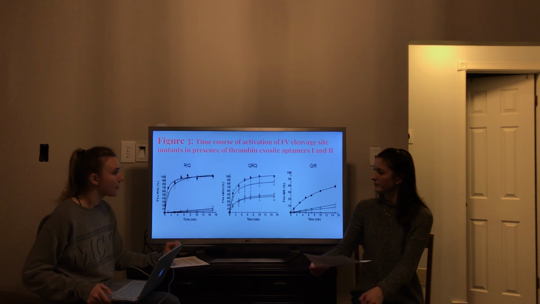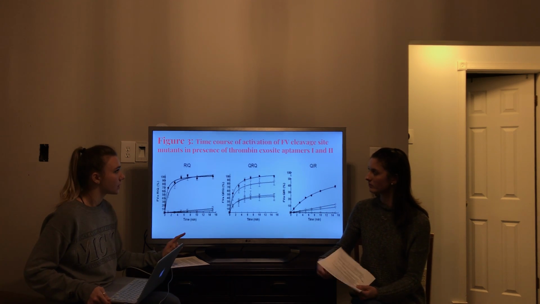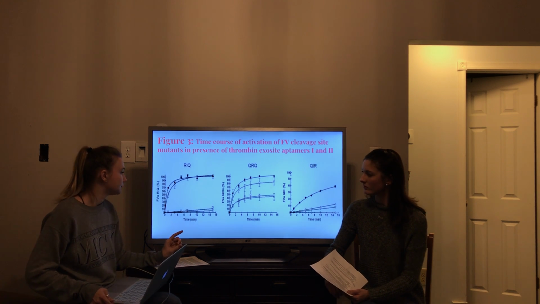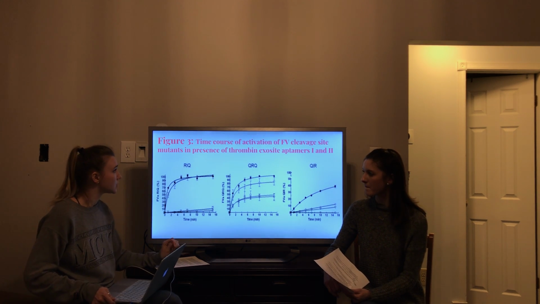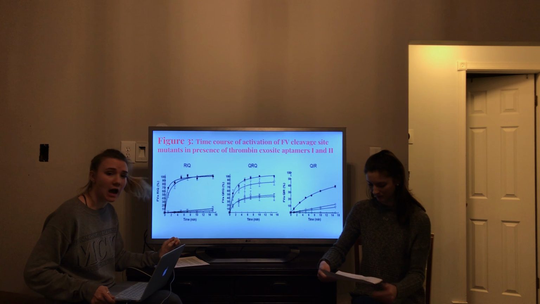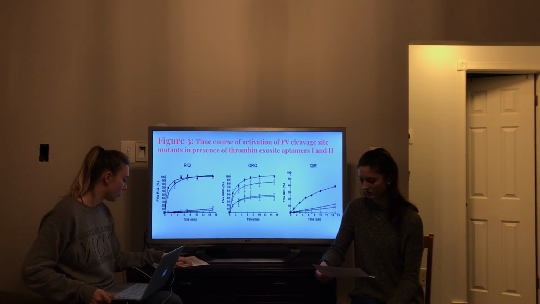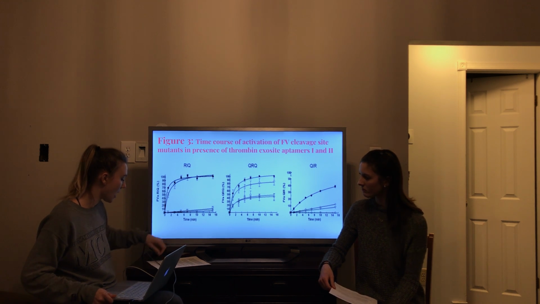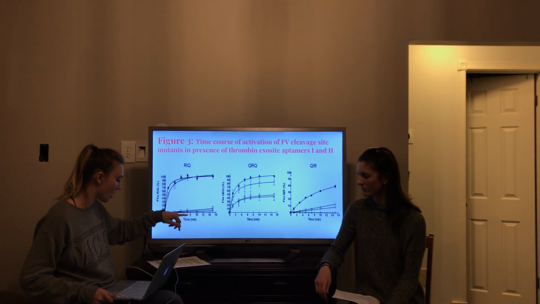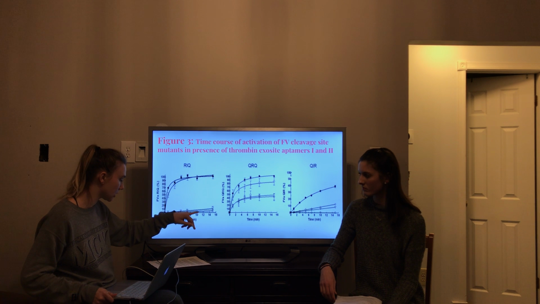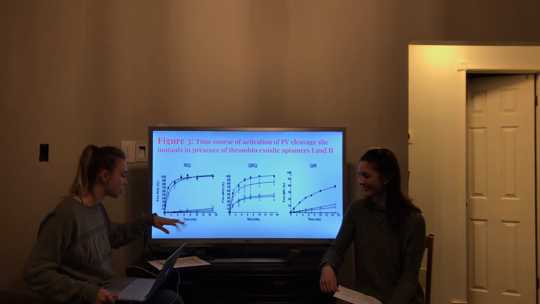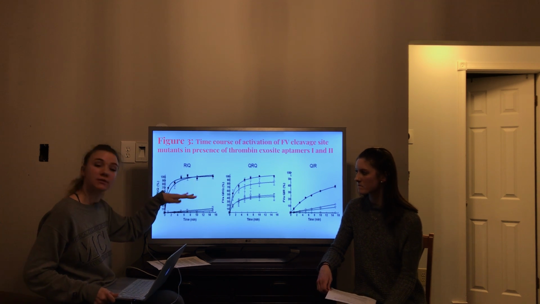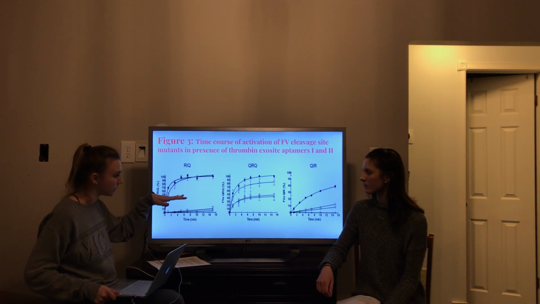So these 3 graphs are of a few different variants over a period of time. It's the FV cleavage site mutants in the presence of thrombin exosite aptamers 1 and 2. You can see in the RIQ graph you have a really low factor V percentage when aptamer 1 is present, suggesting that exosite 2 is probably involved in arginine 1545 recognition and cleavage.